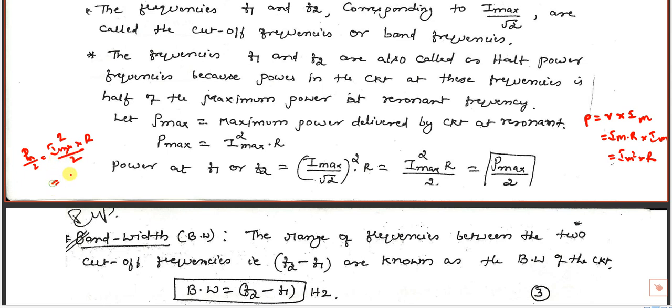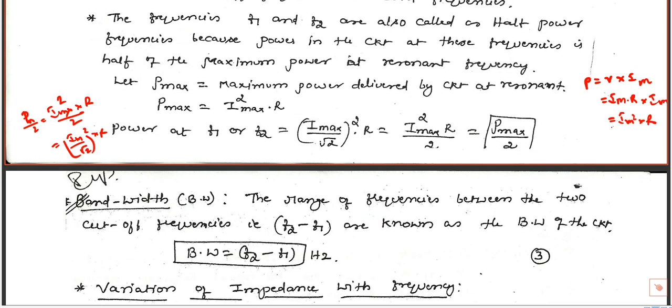So this I can write as I max by root 2 whole square into R. If you take I max by root 2 whole square, you get I max square, and root 2 into root 2 is 2, so you are going to get I max square by 2 into R. So what you understand from this is that at F1 and F2 we have half power, and the current value is equal to I max by root 2.